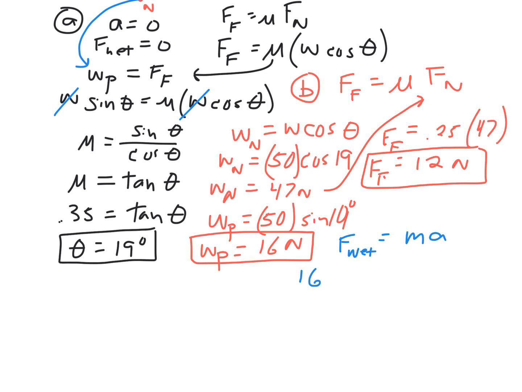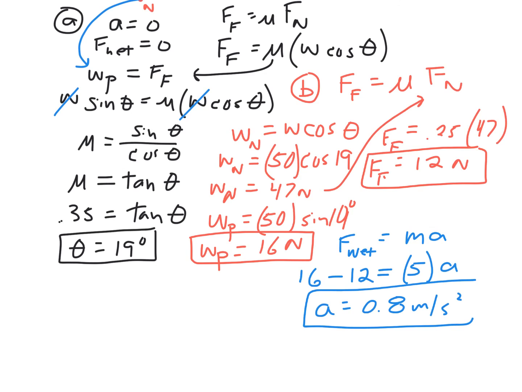So I'll have the bigger force 16 minus the restricting force of friction 12 equals the mass, which is 5 times a. So if you do the math here, 16 minus 12 is 4 divided by 5. The acceleration is 0.8 meters per second squared. And that will be the rate of acceleration for this box down the ramp.